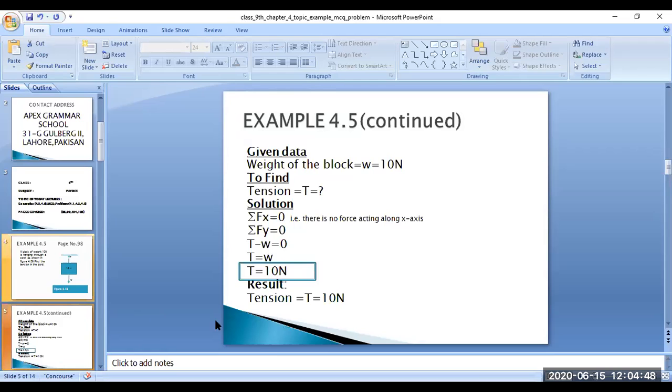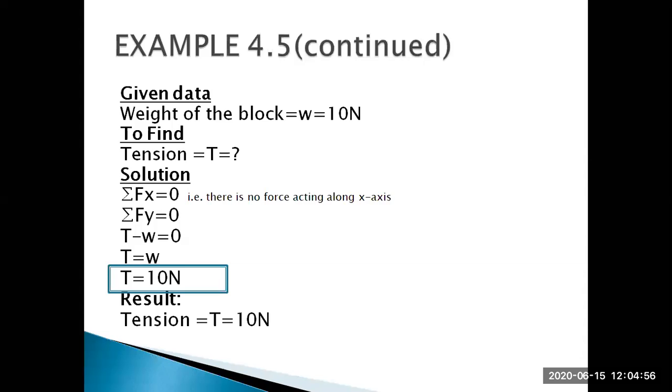If you open your book at page number 98, you will find this example. In this numerical, we are given the weight of the block, W equal to 10 Newton.